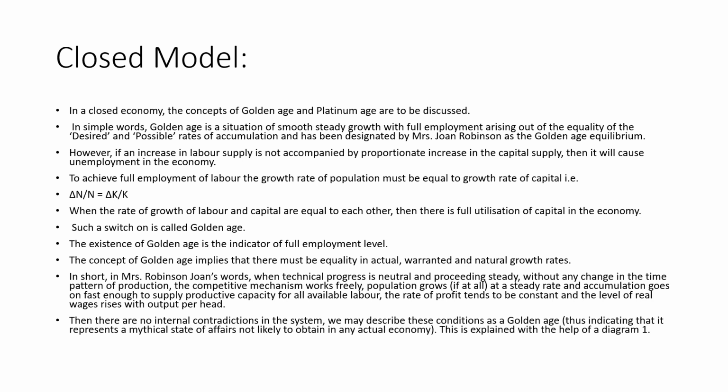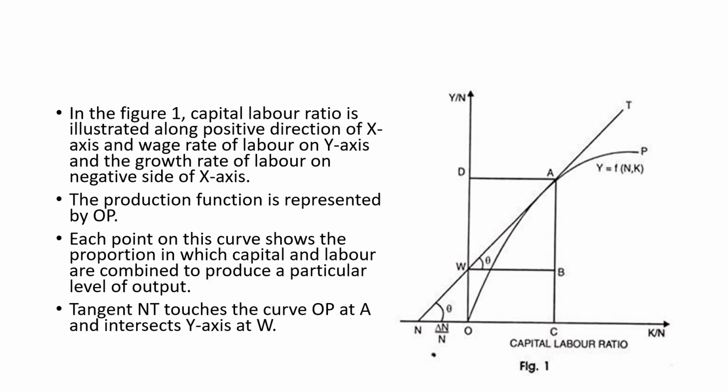The conditions such as the golden age are explained in this figure. Here you could see that the capital labor ratio is illustrated along the positive direction of the x-axis, the wage labor ratio is shown along the y-axis, and the growth rate of labor on the negative side of the x-axis.